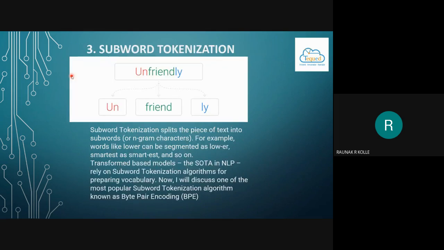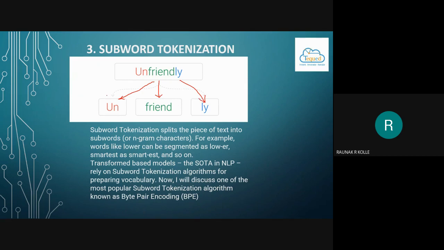Subword tokenization. Look at this example here. The word considered is unfriendly. Unfriendly can be made out of three parts. The first part being un, the second being friend, and third being ly.